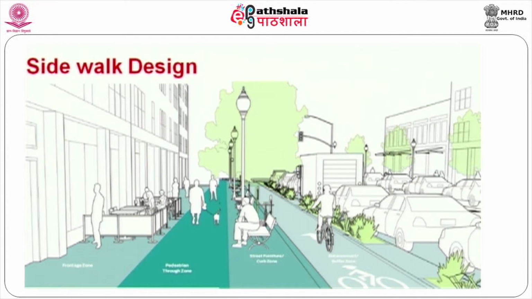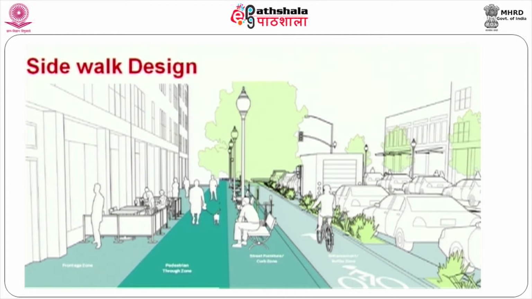Then you have the pedestrian thoroughfare, which should be at least 1.8 meter, 1.5 to 2.2 meters, which is adequate space for about 2.5 to 3 people to move. And then you have the street furniture or the curb zone, as we call it. This zone would be used not just for sitting, utility and light, but also for trees and parking.